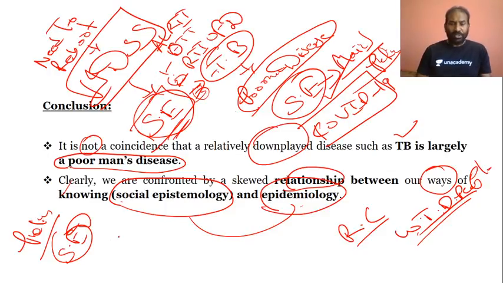So definitely you now have a thorough understanding of the existing diseases, the silent epidemic diseases, and how the COVID-19 pandemic situation and TB, a poor man's disease, confront us with a skewed relationship between our ways of knowing, social epistemology and epidemiology.